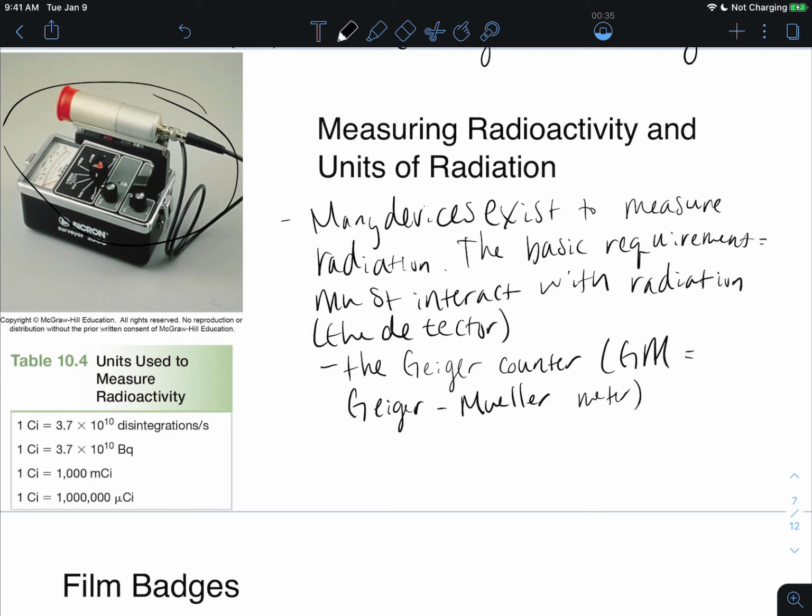So it makes a sound as radioactive particles are hitting the detector, and it's also going to come up on this screen. Here are a couple of different units. We see over here the Curie, the Ci, the Becquerel, the Bq. So two famous scientists within radiation, which makes sense as they're going to have units named after them.